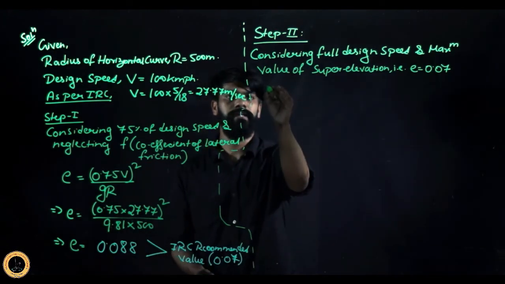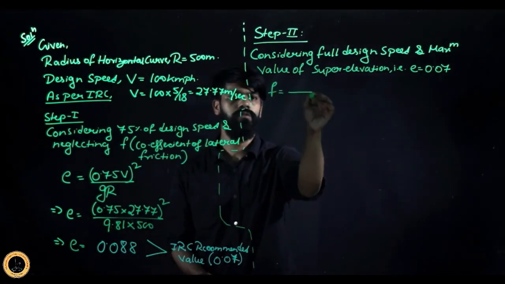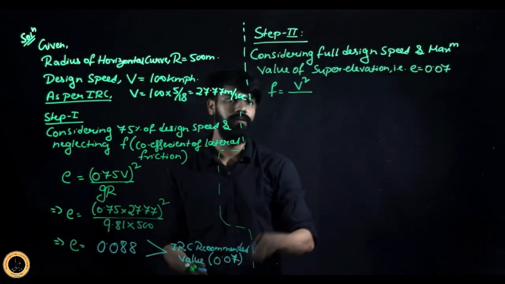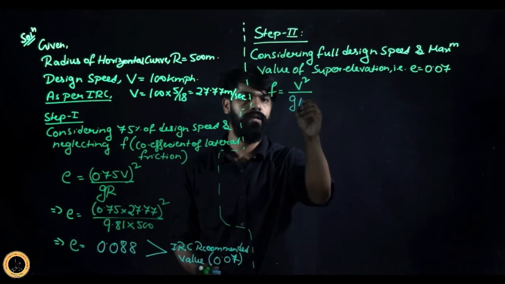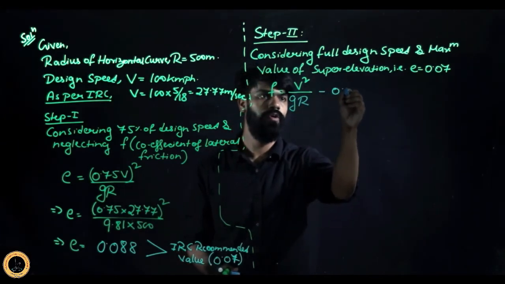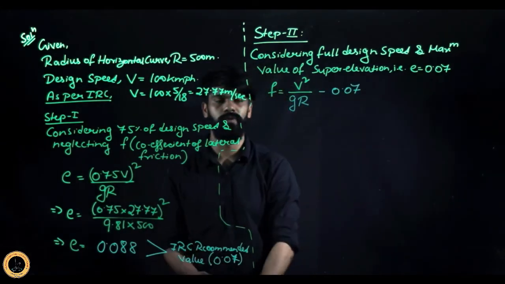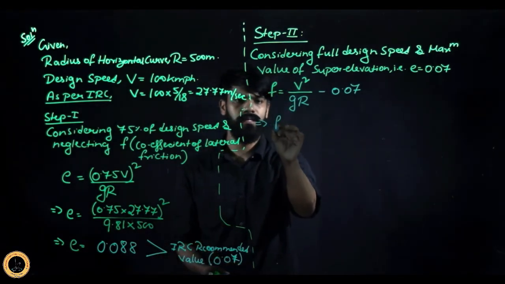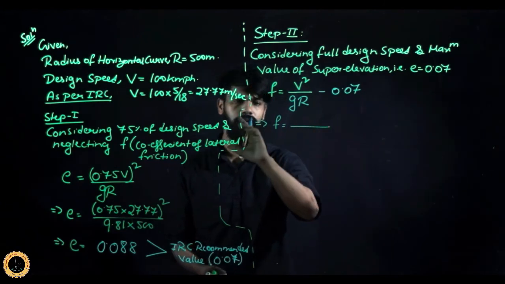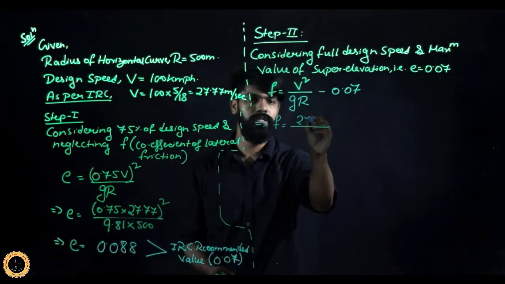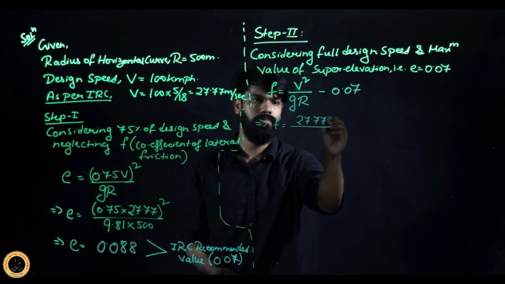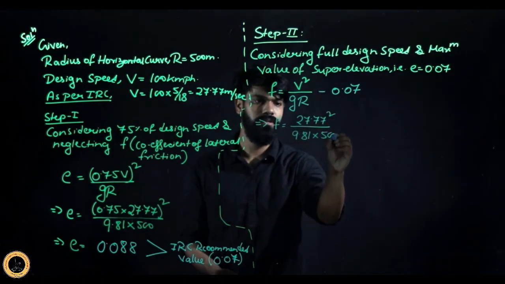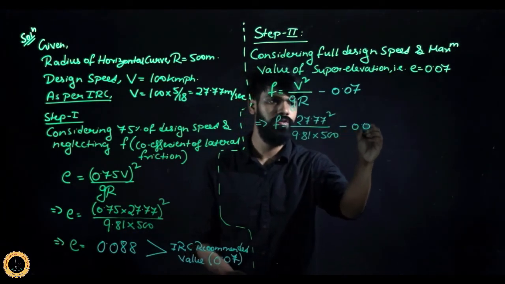So what I can write is F equal to V square by GR minus 0.07. This is the equation that will be used. So I can put the values for V and the others, and I can see whether this is within the limiting range or not. So I can put V as 27.77, G as 9.81, and R as 500, minus 0.07.